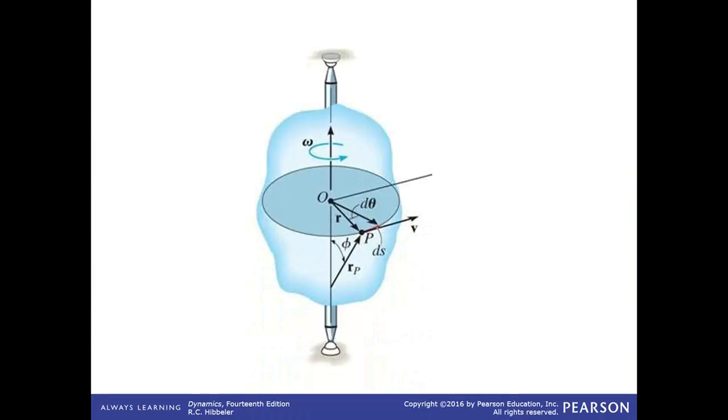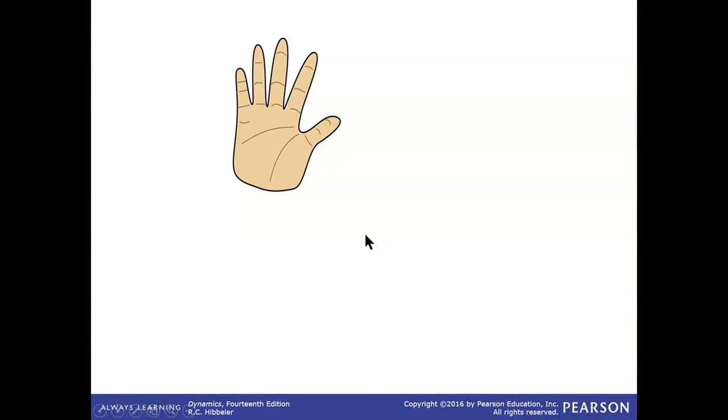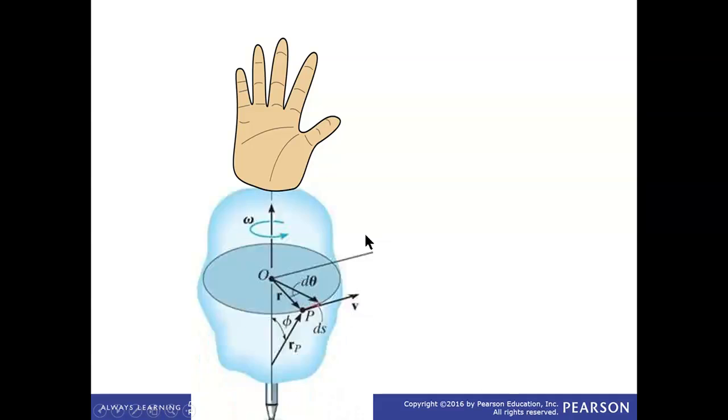To find the direction and magnitude of velocity v, we can also apply the right hand rule. Consider this point P here. This is our omega, which is along z, and it's rotating counterclockwise, and this is the position vector r. Now let's say we do not know the magnitude and direction of v. How can we find it if we know omega and r? This is very simple. Take your right hand with your fingers open.